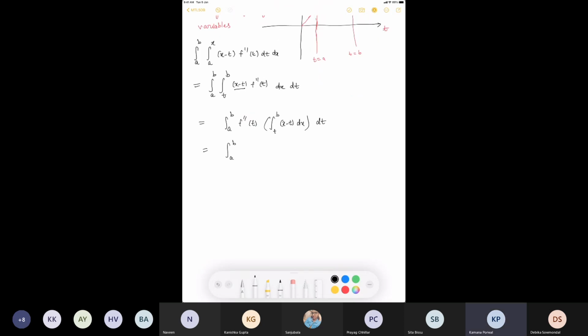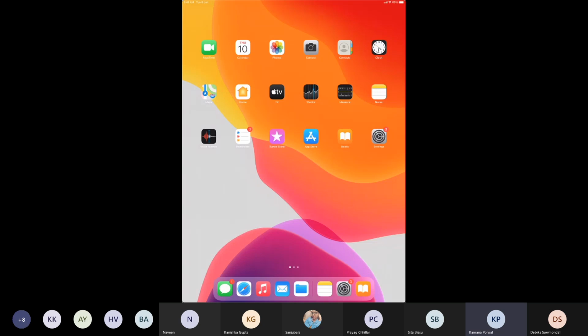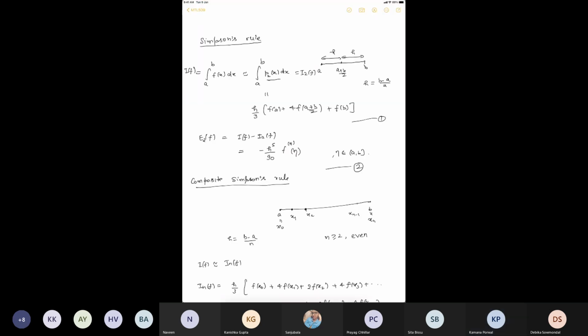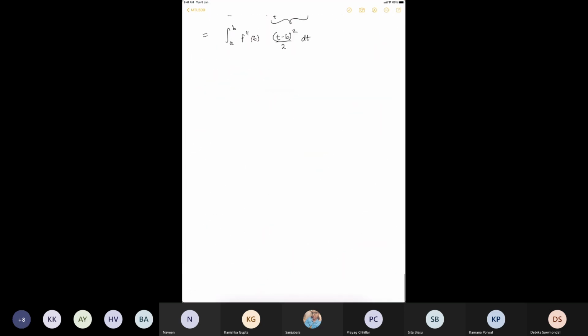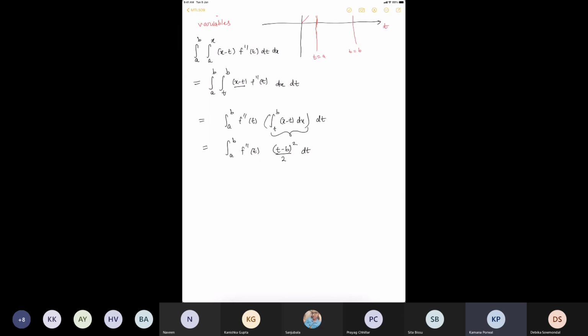And we can simplify this term. So this, you can simply integrate, and I'm directly going to write the final value I will get upon integrating. So this will give me (t minus b) square divided by 2. Okay, so basically I have got this value as (t minus b) square divided by 2 f double prime t dt.